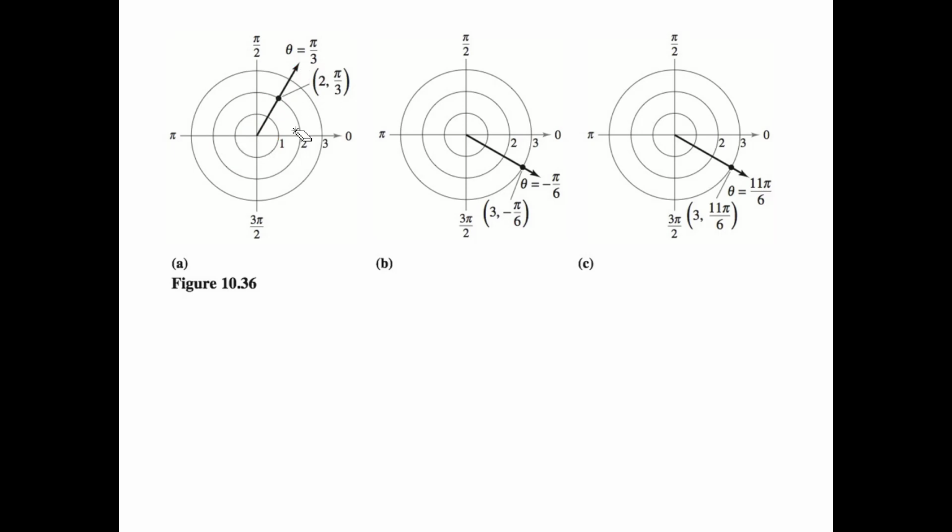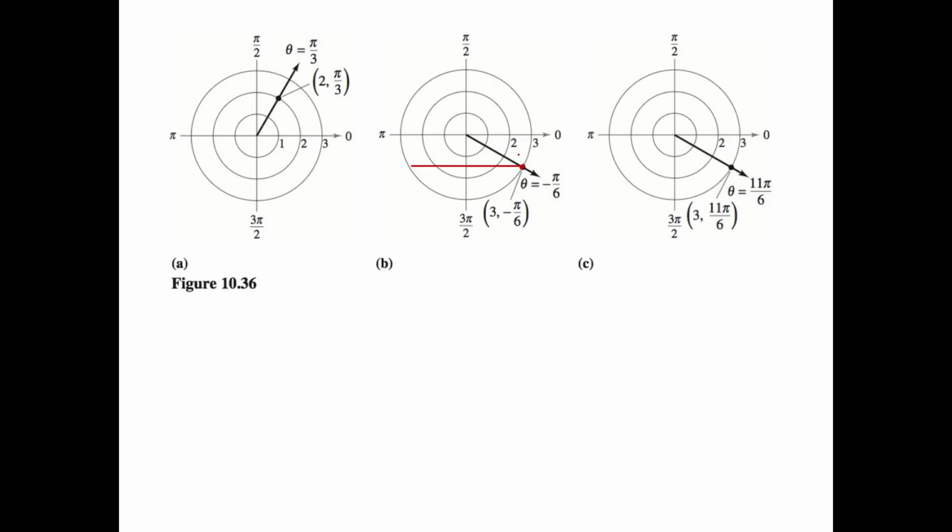So here the polar coordinates are (3, negative pi over 6). So that tells you that you are going to rotate your x-axis negative pi over 6, and your point is going to be at the intersection of the circle of radius 3.